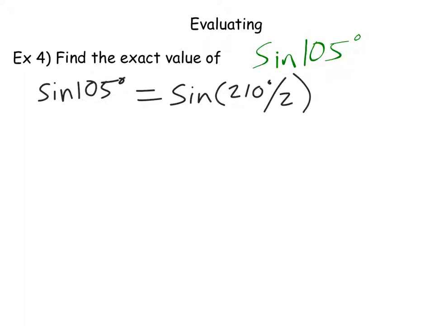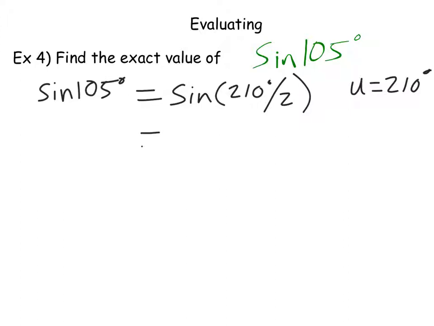So if I'm going back to my formula, I need to think about what u is, and I'm going to say that u is 210 degrees. I'm just getting it set up to use a half angle formula, because at this point I haven't really said anything all that enlightening, just that 105 is 210 divided by 2. You probably already knew that. But that means that u is 210.